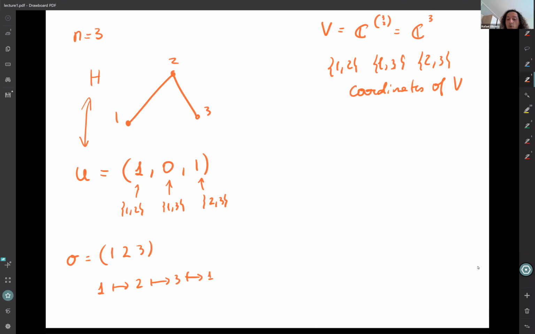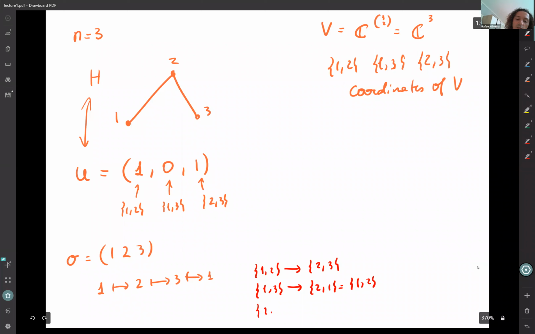And what does this do to the edges? This means that the edge 1,2 will be mapped to the edge 2,3. The edge 1,3 will be mapped to the edge 2,1, which is the same as 1,2. And the edge 2,3 will be mapped to the edge 1,3.